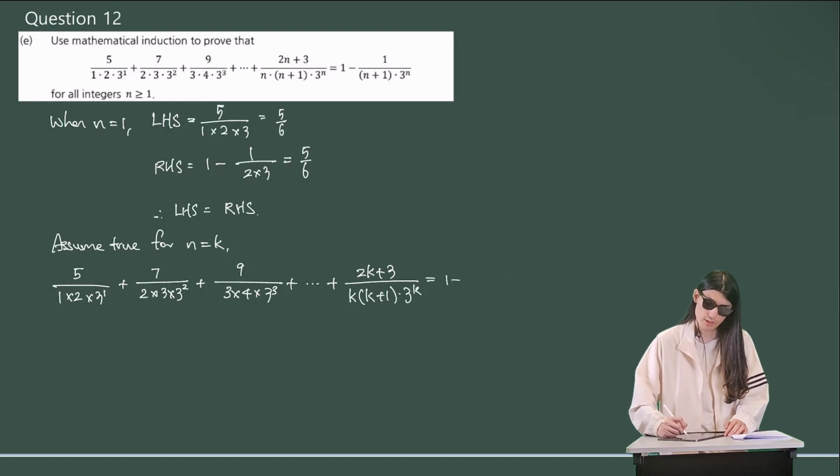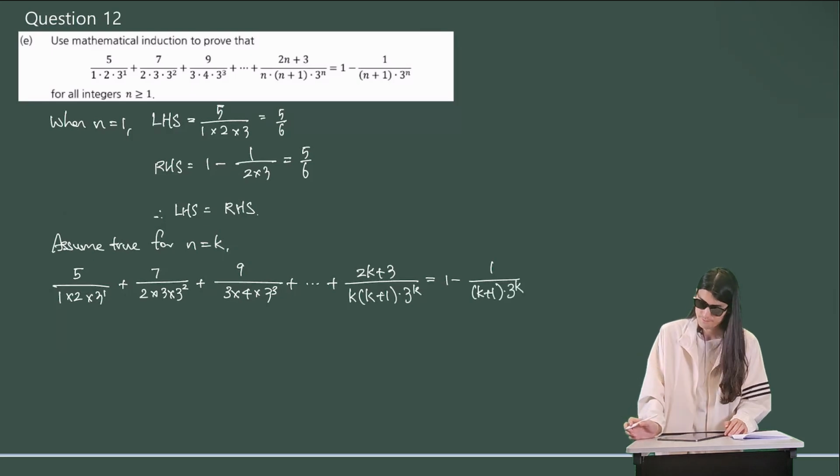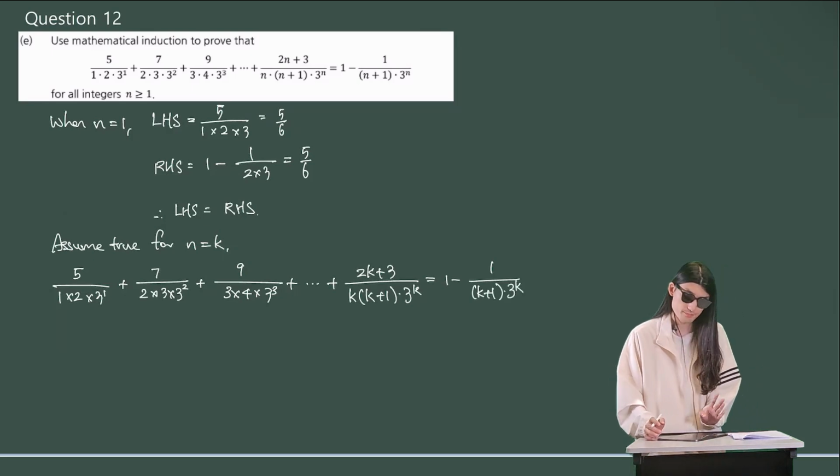On the right hand side, 1 minus 1 over k plus 1 times 3 to the k. That's what we've got to do.